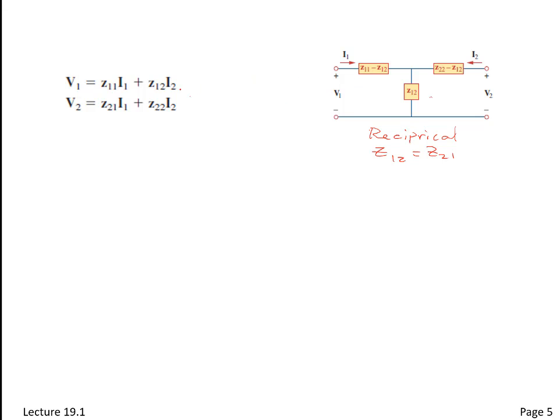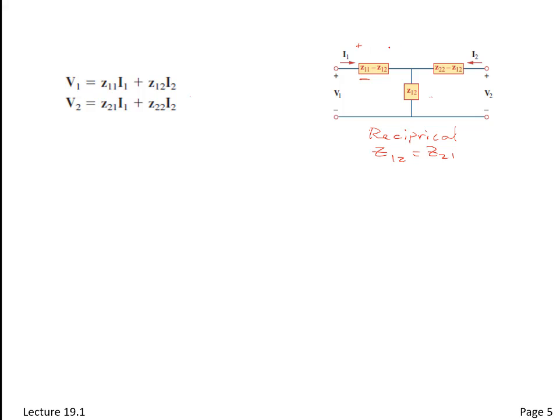Well, look what's happening. If I take the input loop, V1 is equal to Z11 I1, here I've got that, plus Z12 I2. What's going on here? I've got minus Z12 I1. Let's write what's happening here.